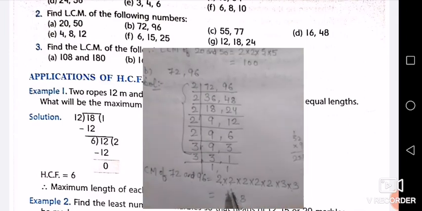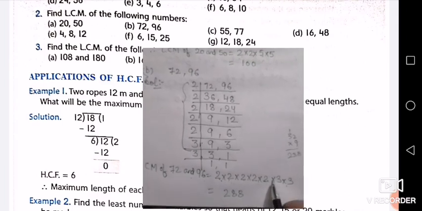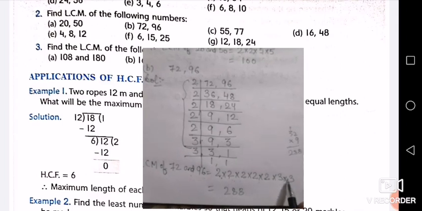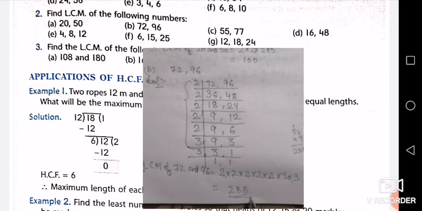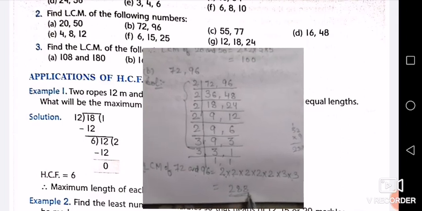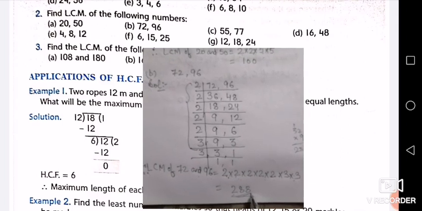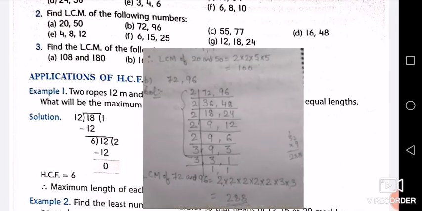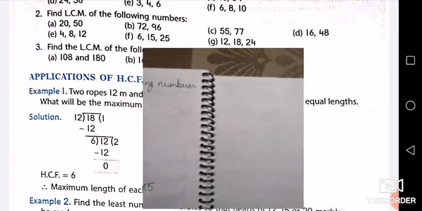That is 2 multiplied by 2 multiplied by 2 multiplied by 2 multiplied by 2, then multiplied by 3 and then multiplied by 3. Do the multiplication and then you will get the LCM, that is 288. Got it?